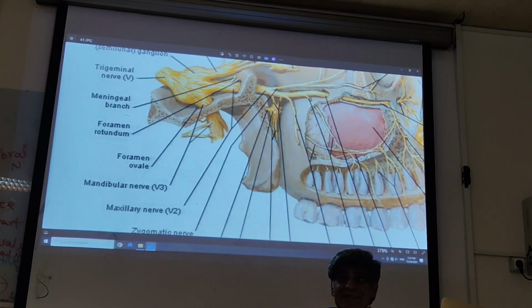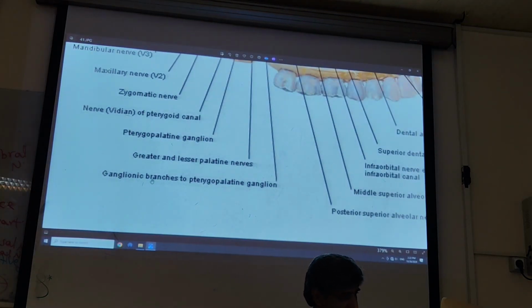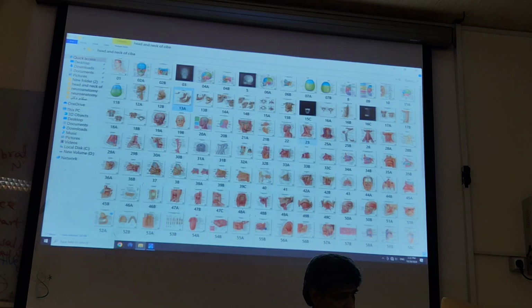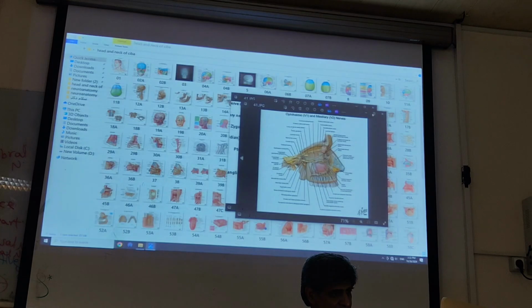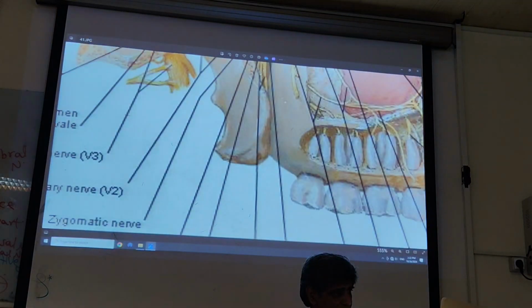The pterygopalatine part of the maxillary nerve contains 2 branches, the ganglionic branch to the pterygopalatine ganglion.